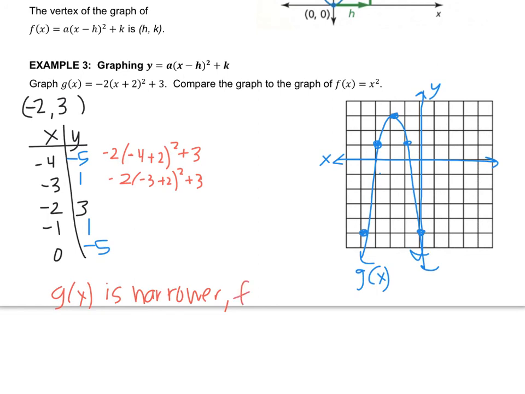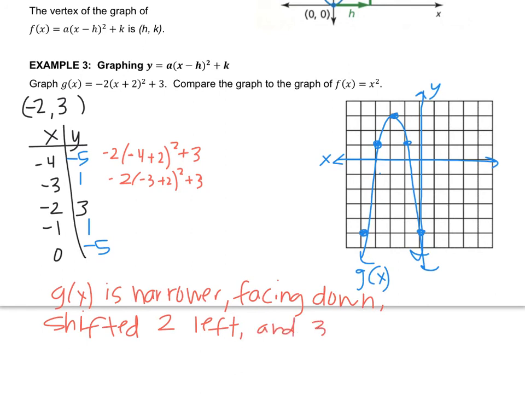It's facing down because of the negative. It is shifted 2 left because the h value is negative, and 3 up because the k value is positive.